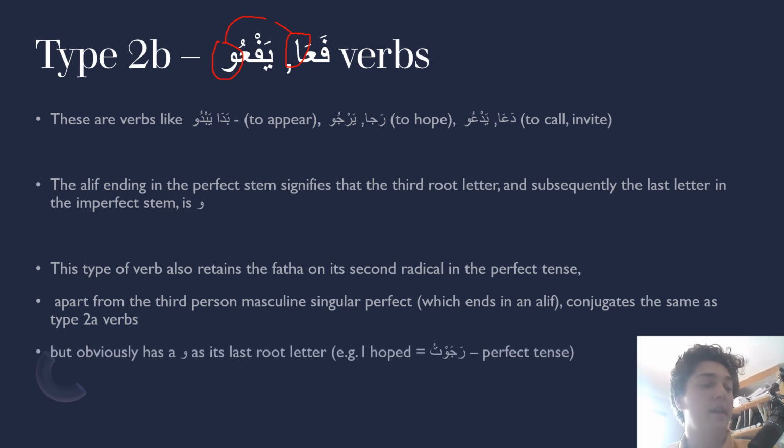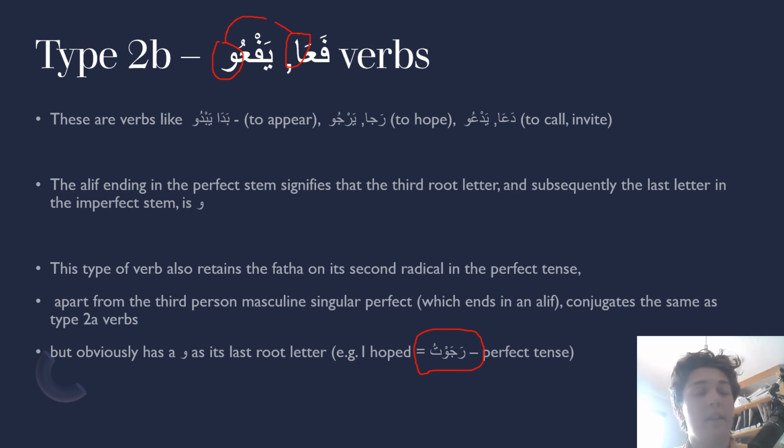But obviously it has a waw as its last root letter, so I hoped would be rajautu instead of rajaitu, because we keep the right root letter in the right place. In terms of the voweling structure, it is exactly the same. So she hoped would be rajat, for exactly the same reason: you cannot have two letters with sukoons on them next to each other in Arabic.